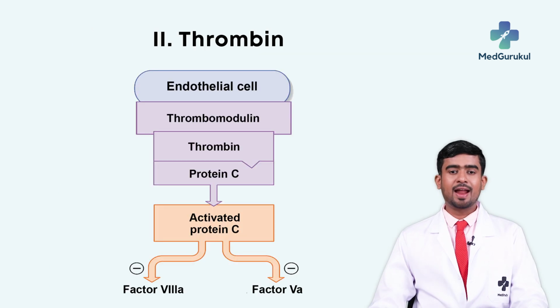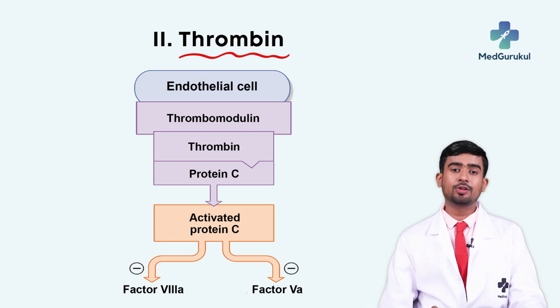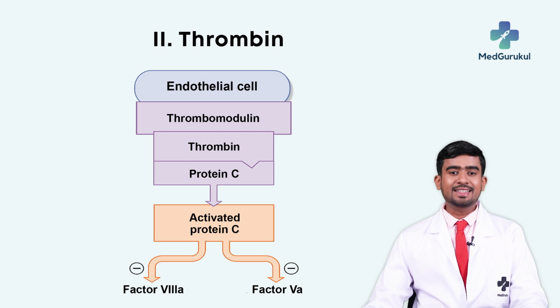The next mechanism of anticoagulation present in vivo is the thrombin thrombomodulin complex. We have already seen that the conversion of prothrombin to thrombin is the final pathway in both intrinsic as well as extrinsic pathway of coagulation. And this thrombin which is generated will further enhance the activation of various other clotting factors, and further it can increase the coagulation process within the site of injury.